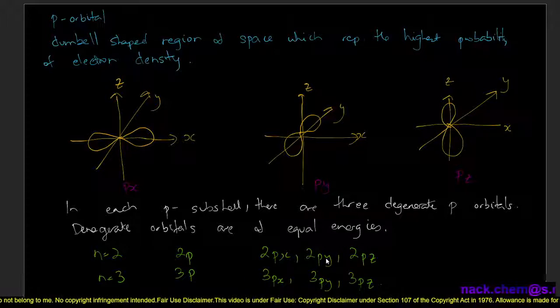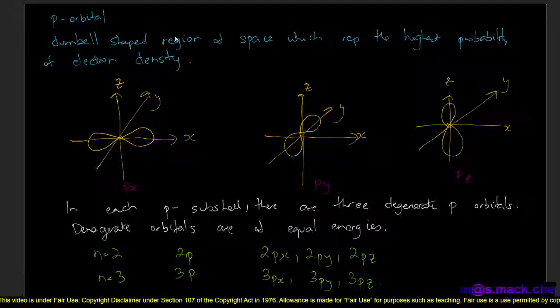Right? The only difference between one orbital to the other is the orientation. Right? You are to know how to draw your 3 p orbitals with the axes, and be also able to label them px, y, and z.